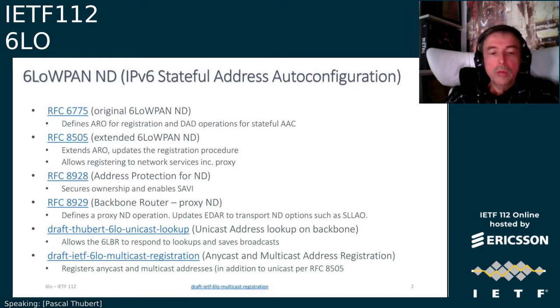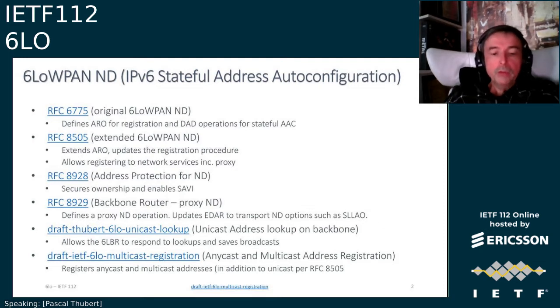And we have 8929, which basically specifies how to proxy neighbor discovery when you have a network where you have legacy ND and 8505, which coexist. The most classical example being 8505 on the wireless and 8929 on the wire. But it can be any other composition of network.